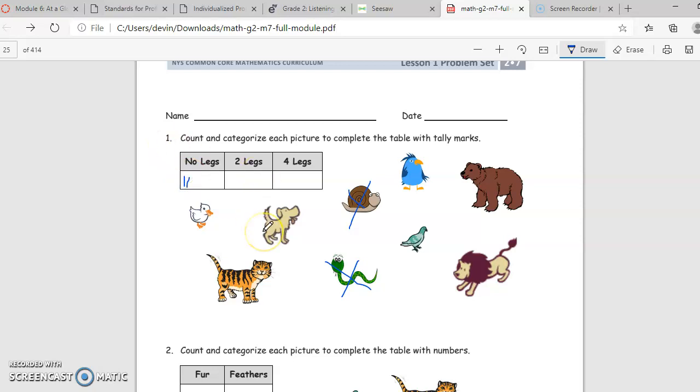Alright, and then 2 legs when you're sure there's no more with no legs. So I see 3 that have 2 legs. And then you would just fill it in for the 4 legs.